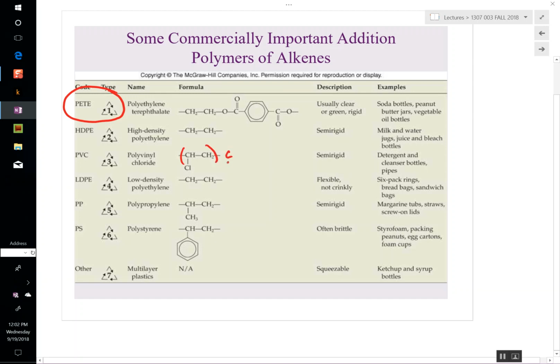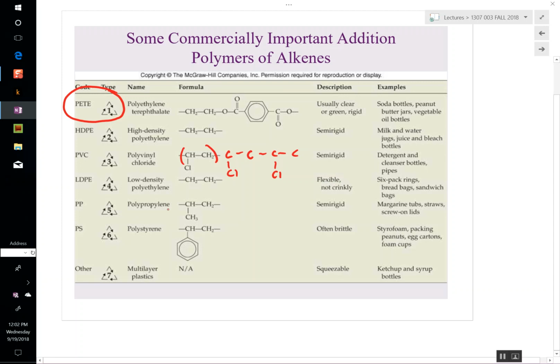The next one is going to have a chlorine and a carbon, and the next one is going to have a chlorine and a carbon. You see how that's repeating? That's polyvinyl chloride, PVC. And a plumber would say, we need 50 feet, 100 feet of 1-inch PVC, right? You've heard that. That's what it's made out of. Polyvinyl chloride.